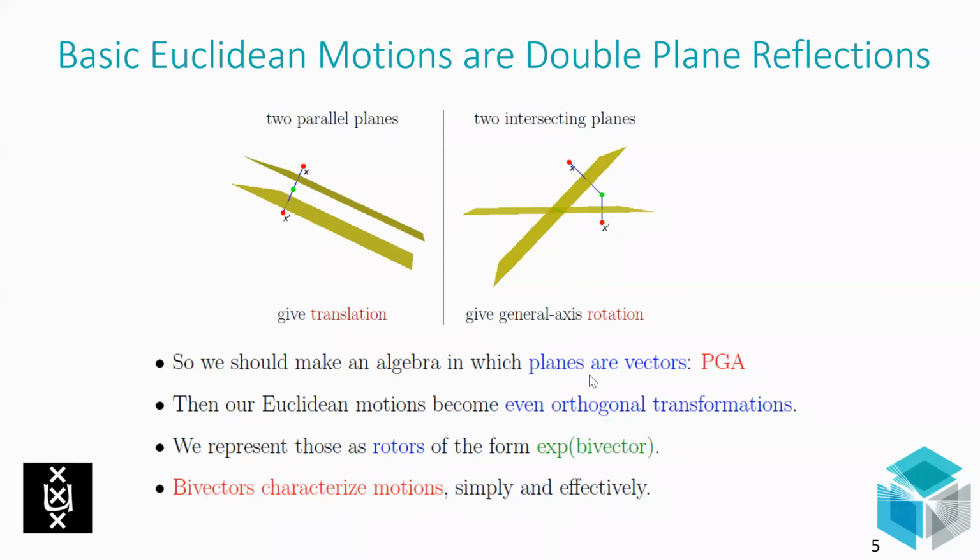Then our Euclidean motions will become even orthogonal transformations. We are going to represent them as rotors. I will give the details, but we'll find that they can all be written as the exponential of a bivector, and the bivector turns out to be the really handy hook to characterize any of the motions.